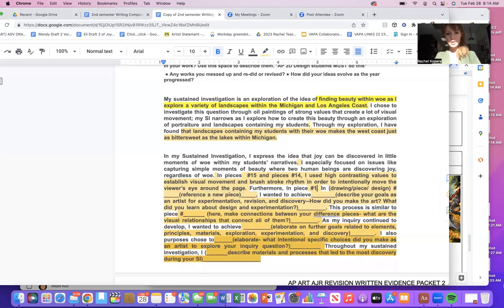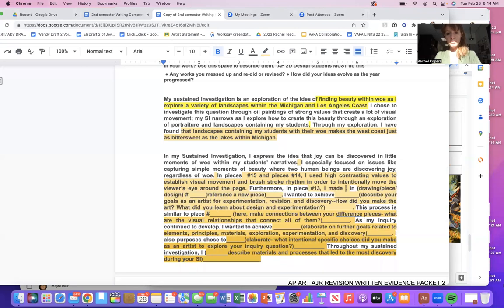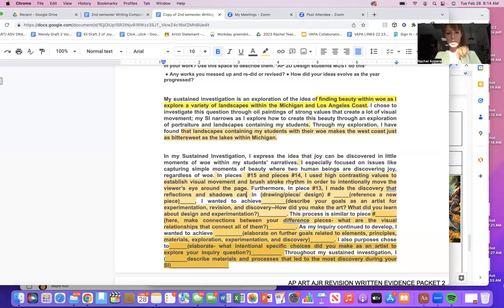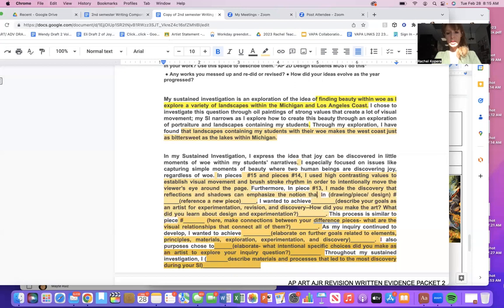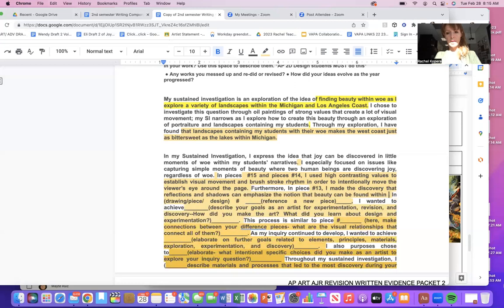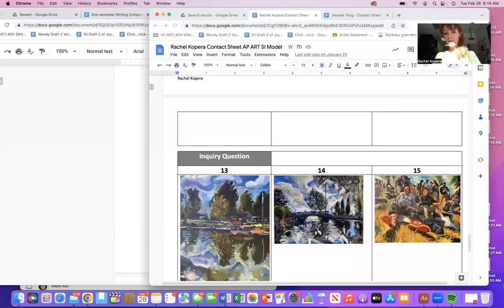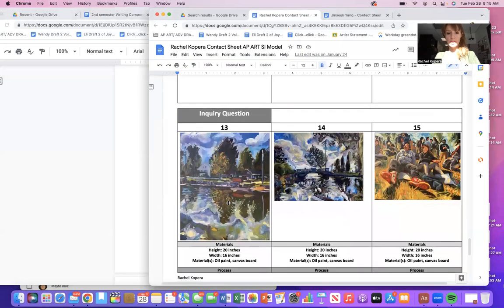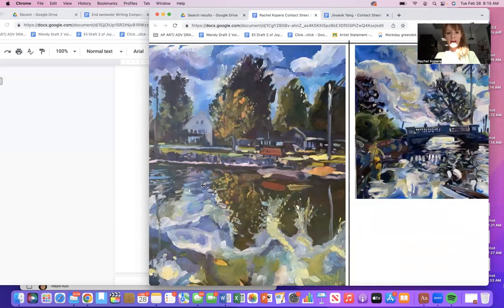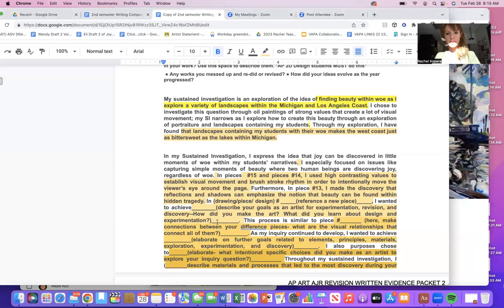So in piece number 13, I made the discovery that reflections and shadows can emphasize the notion that beauty can be found within hidden tragedy. Now I can go into depth here and talk about how this purple house symbolizes trauma and tragedy and how that creates beauty, but I don't have time.